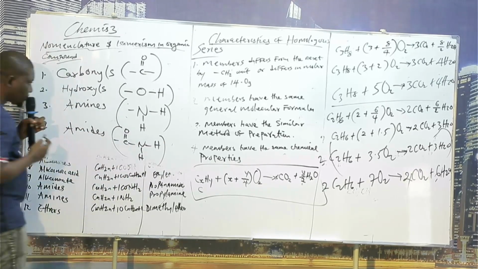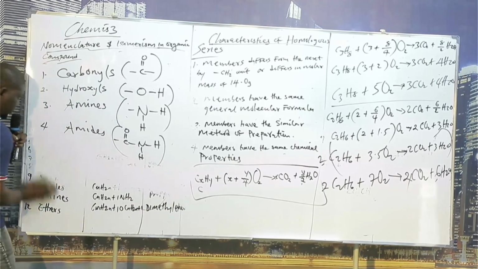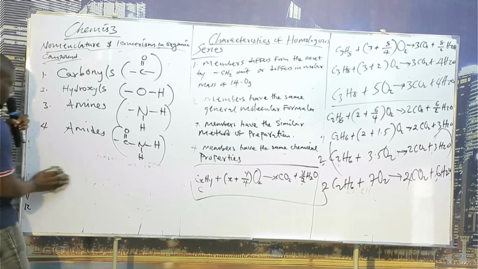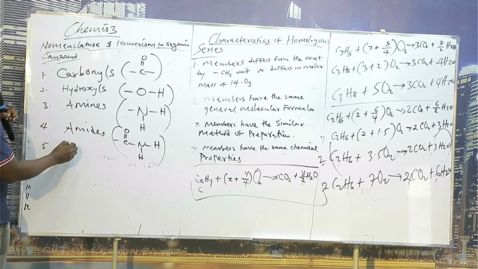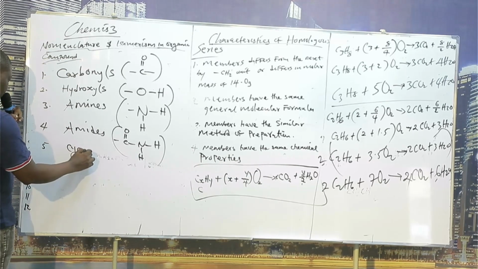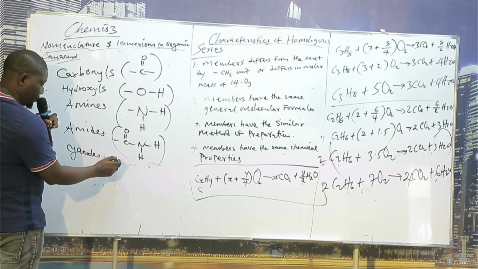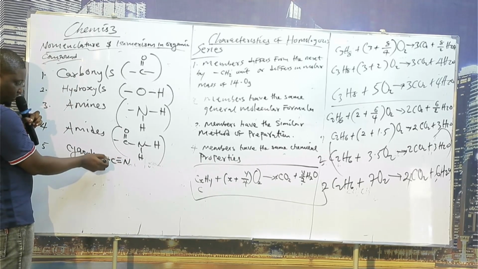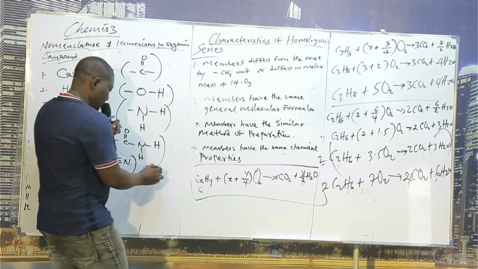CONH2. Okay. 5: cyanides. How did that one go? C triple bond N. You know why you're giving a triple bond to N? That's the valency. Make sure this one is complete as well. Etc.